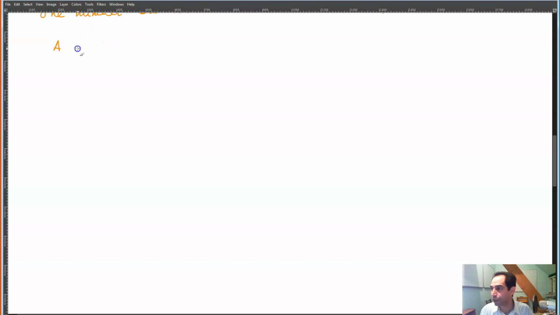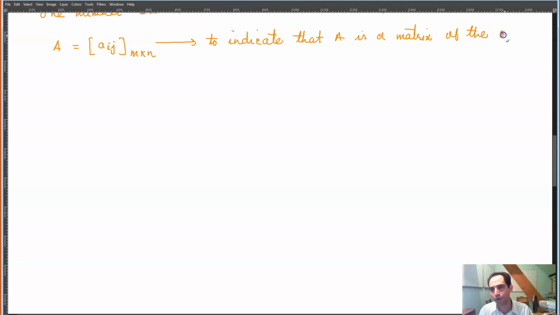When we write A is equal to A of ij, m by n, this is to indicate that A is a matrix of the order m by n. This is note 1.